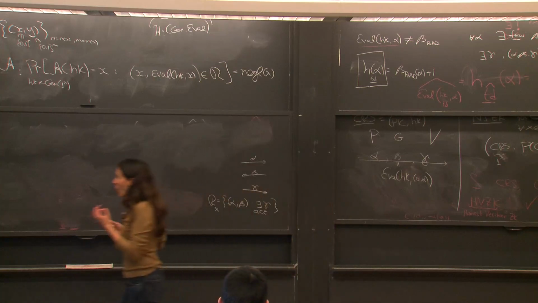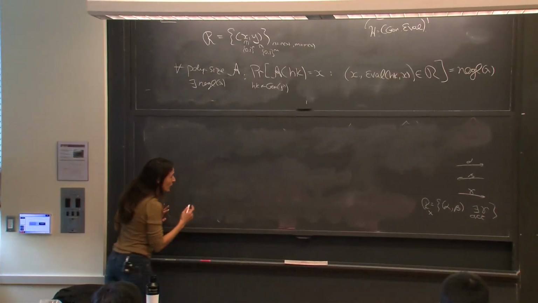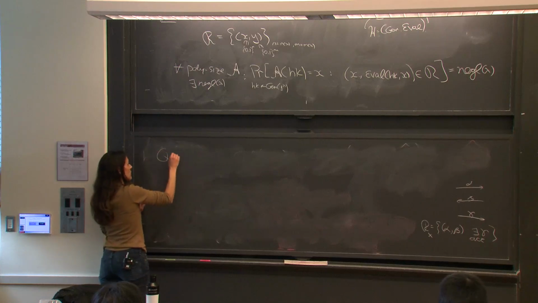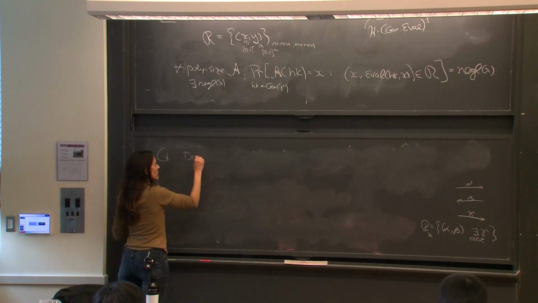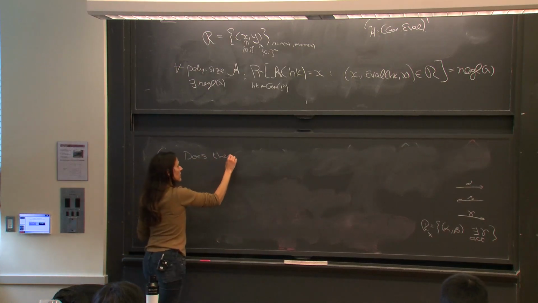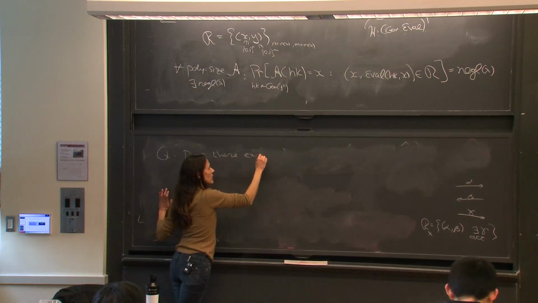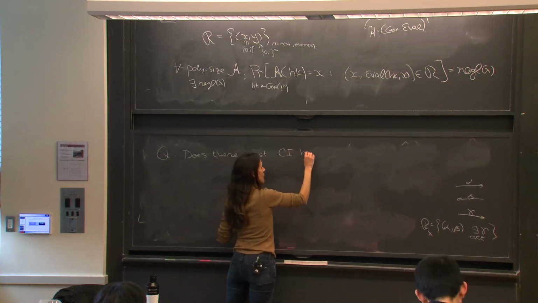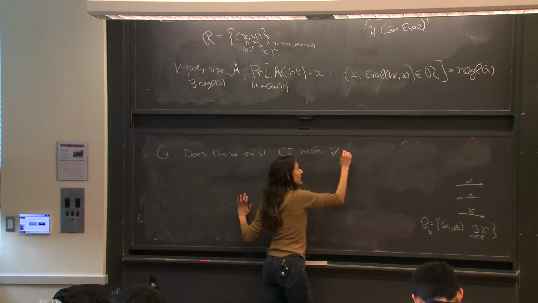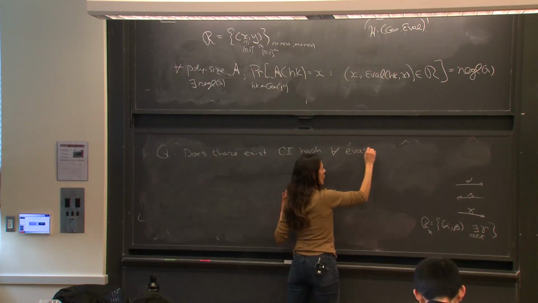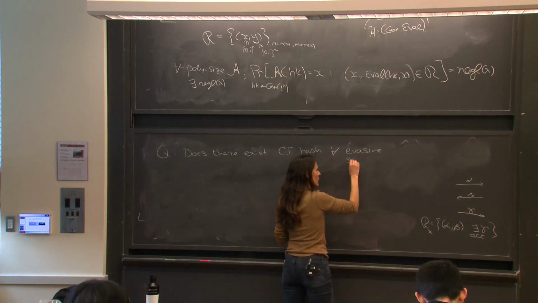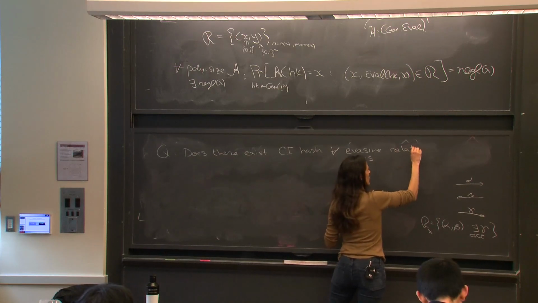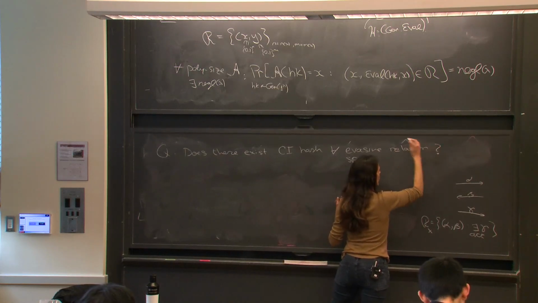Then of course, a hash will hit trivially. So the most general question I really want to ask is: does there exist a correlation intractable hash for every evasive relation, or as people sometimes call it, sparse relation? That's the question.